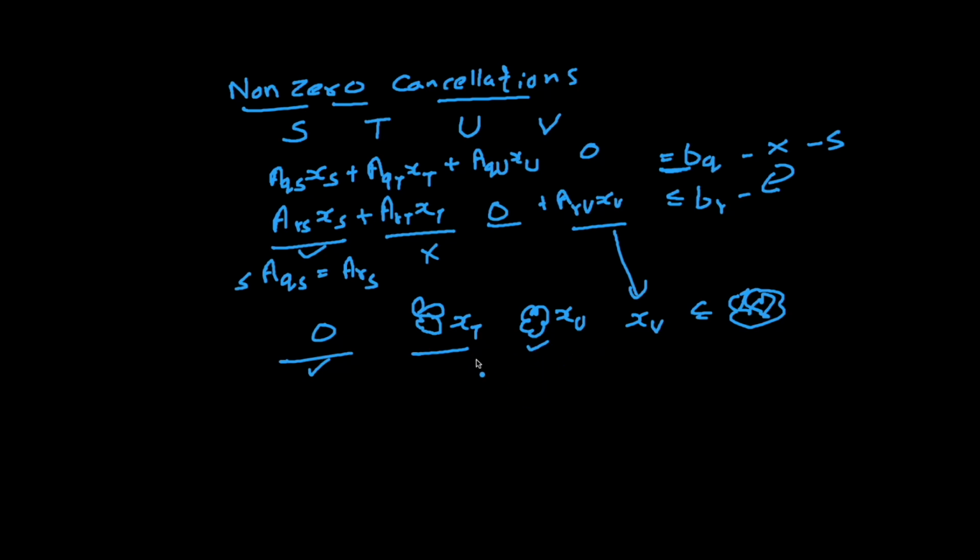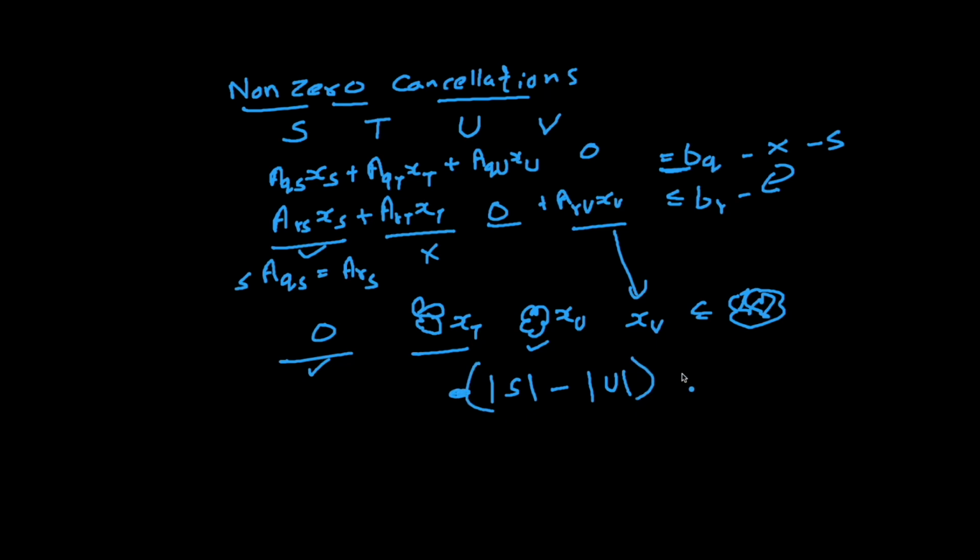So what's our net gain in the number of non-zeros? We removed |S| non-zeros, and we added |U| non-zeros. So net we have removed this many non-zeros.